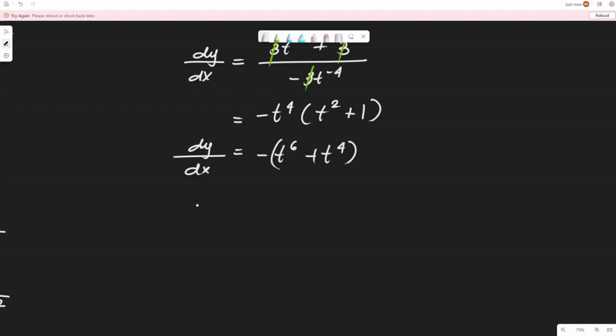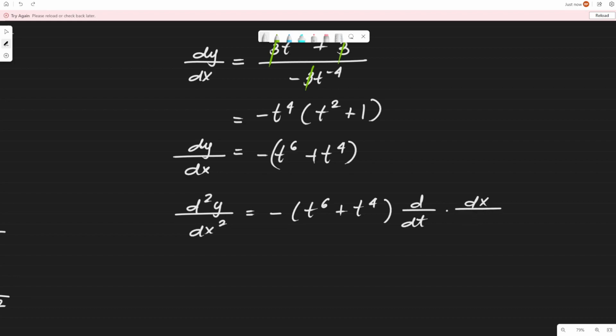What is d squared y over dx squared? Just get the derivative of this in terms of t, then multiply by the inverse of x. Sir, how do we know what to multiply? It depends on the given. If the question is, for example, dx over dy, you flip it, and what you multiply for the second derivative of x in terms of y is dt over dy, not dt over dx.